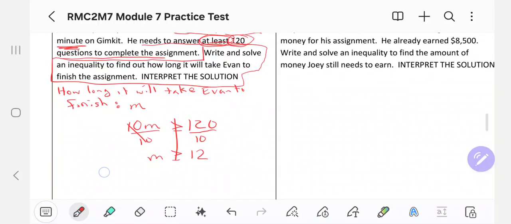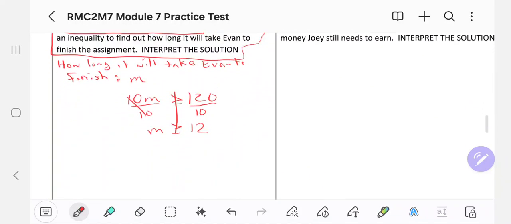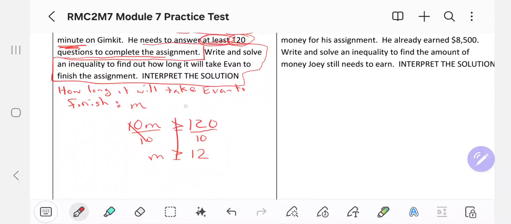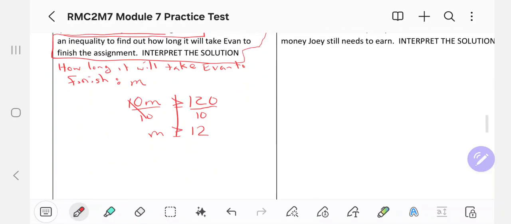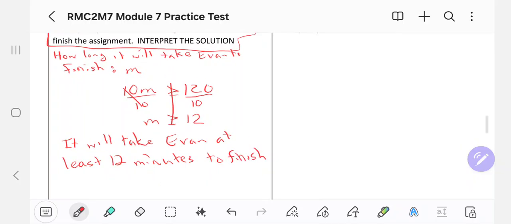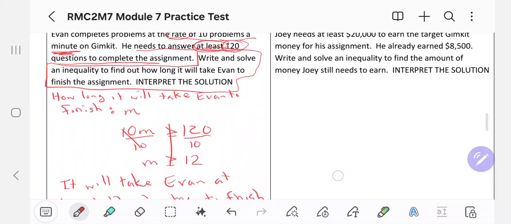Evan will spend at least 12 minutes, or it will take Evan at least 12 minutes to finish the assignment. Okay. All right, let's go on to the next one.